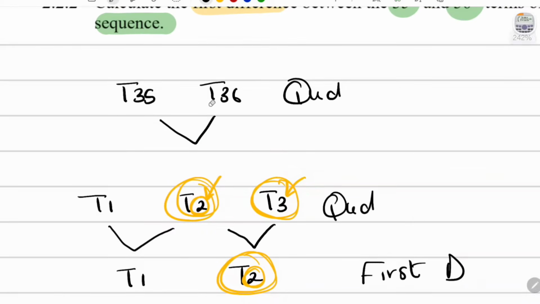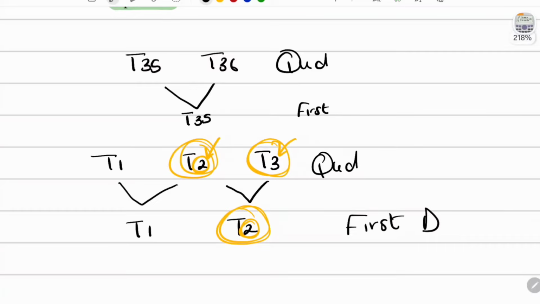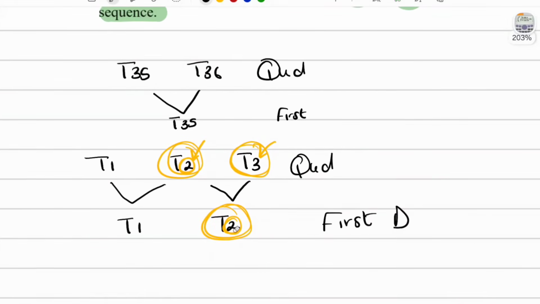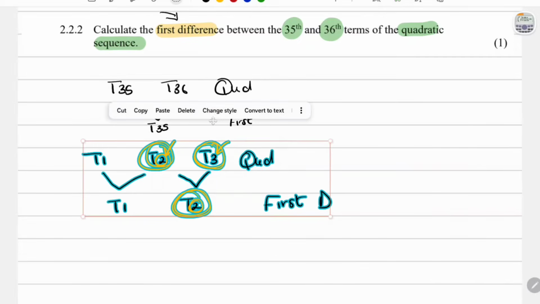If you have term 36 here and term 35, which term in the first difference would be right between the 36th and the 35th term? It will be the 35th term in the first difference. That's just how it's always going to work, because you will notice that your first differences have one less term than the amount of terms in your quadratic pattern. So this is actually really simple. That's why it wasn't something that you had to over-stress about.